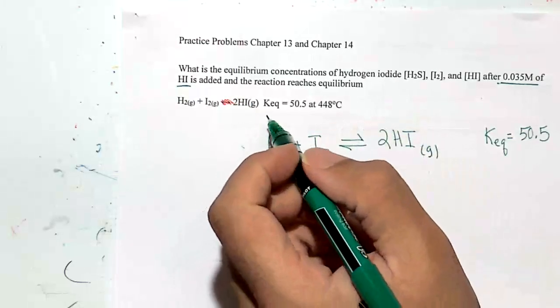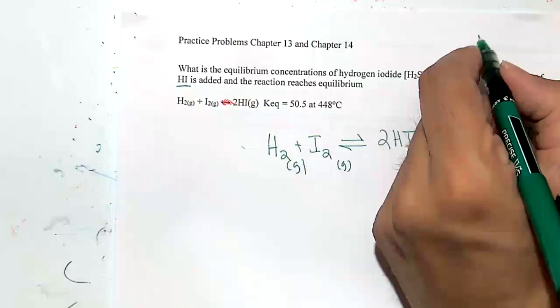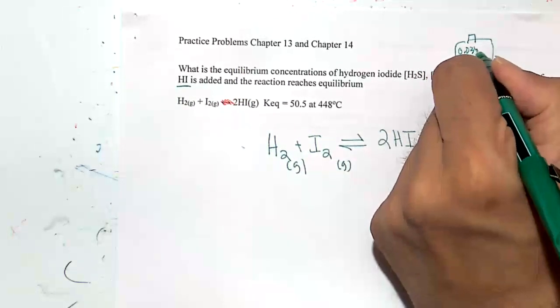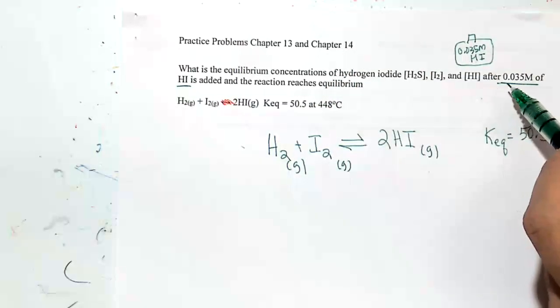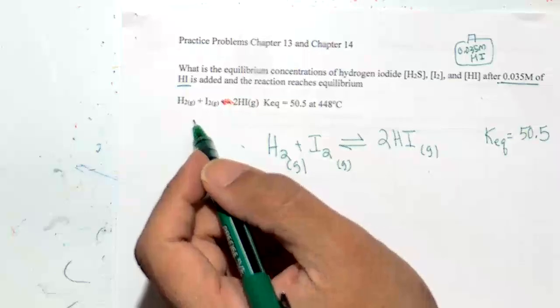So if you have a bottle of 0.035 molar HI, that bottle does not just contain HI. What else is in the bottle? A little bit of H2 and a little bit of I2.